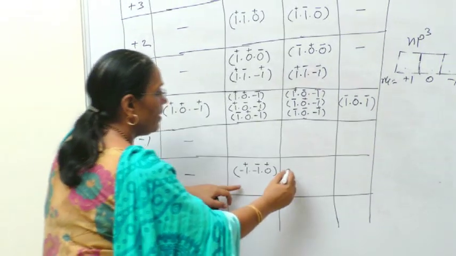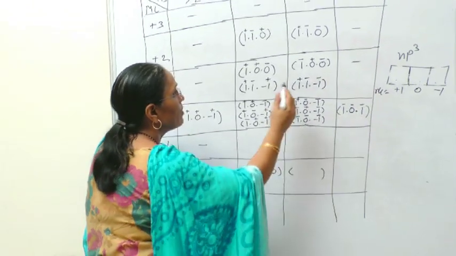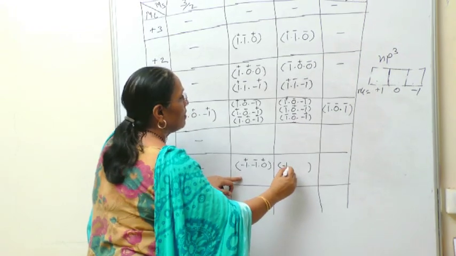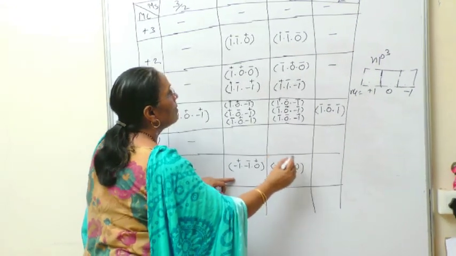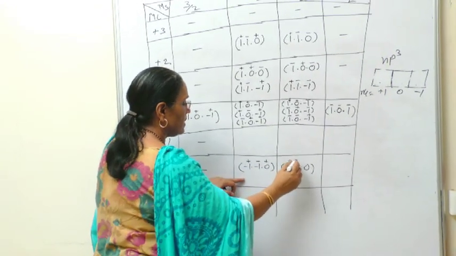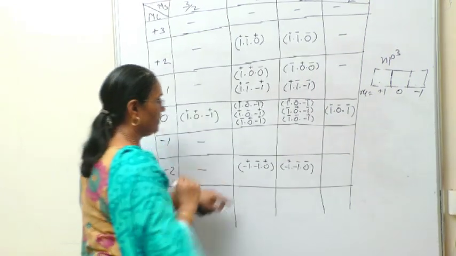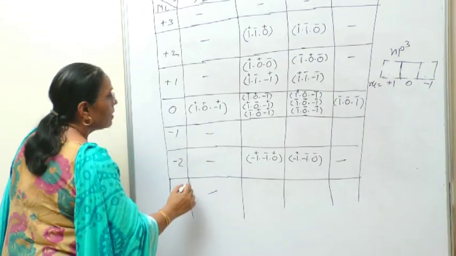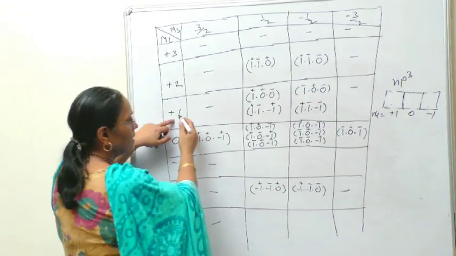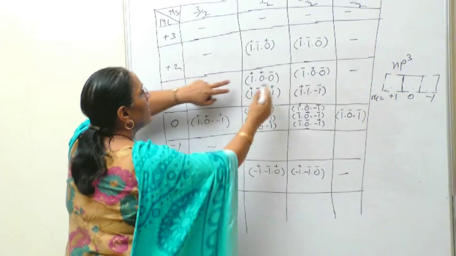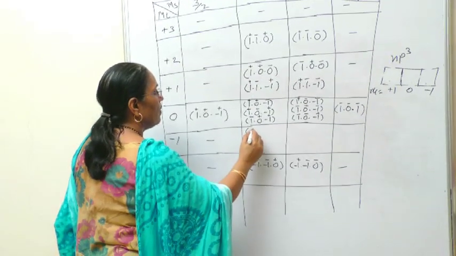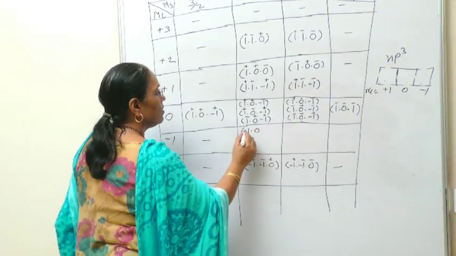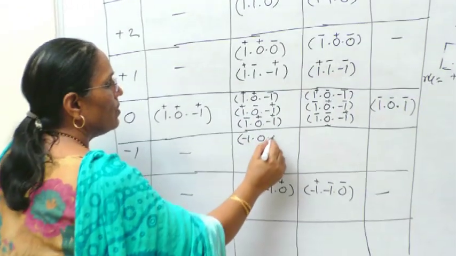In the same way, here we will get the microstate minus 1, 0, and the spins are plus, minus, minus. Here we will not get any microstate, and for the plus 1 ml value, from these microstates we will get 1, 0, minus 1, 0, 0.